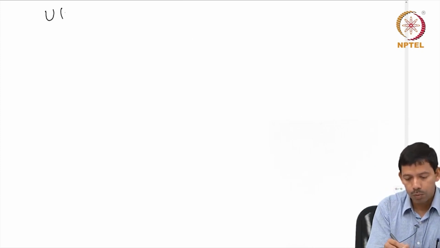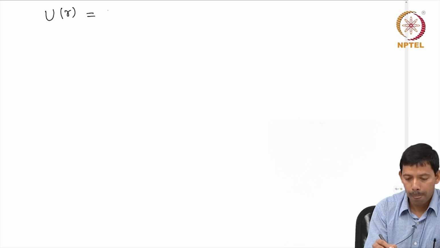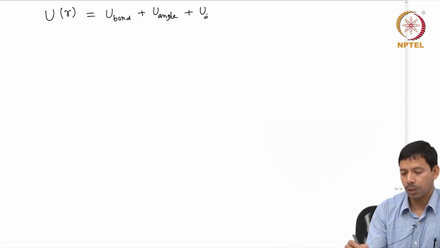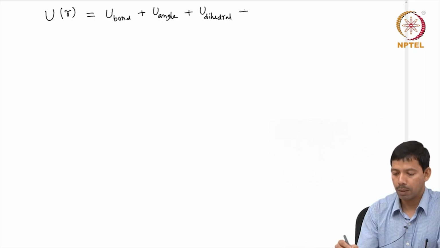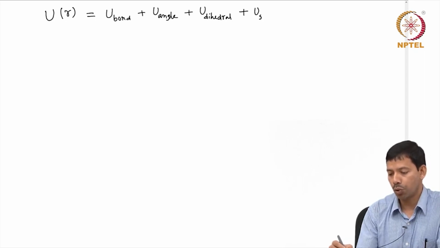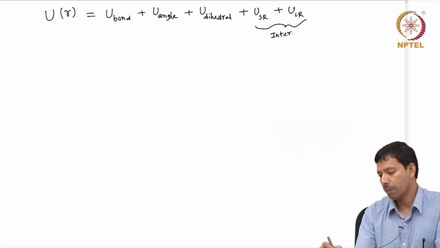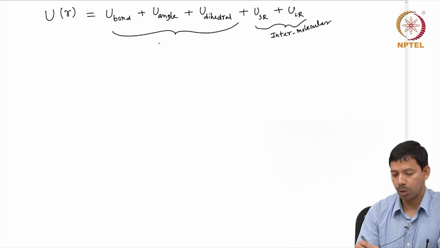So, total U for a molecular system will be composed of, as I said, a bond potential, an angle potential, a dihedral potential, plus a U short range plus U long range, that is, intermolecular plus intramolecular interactions.